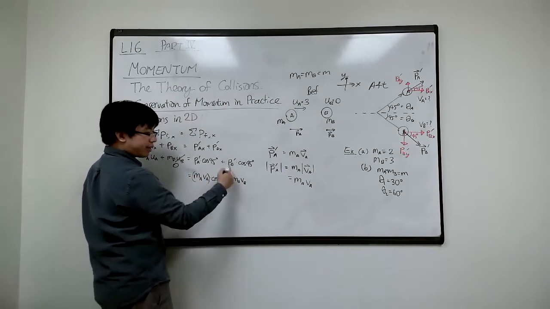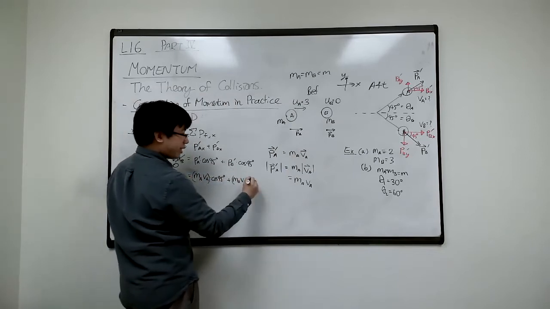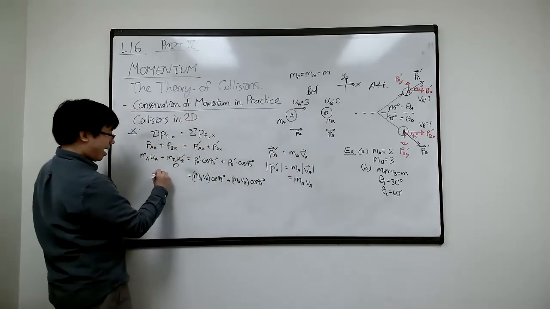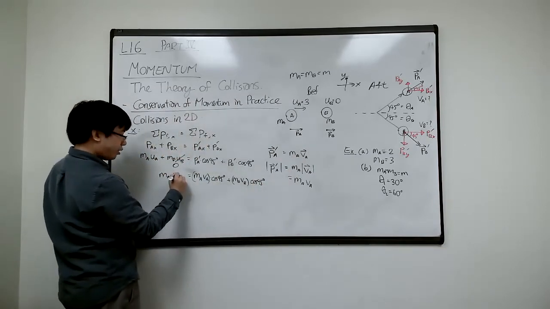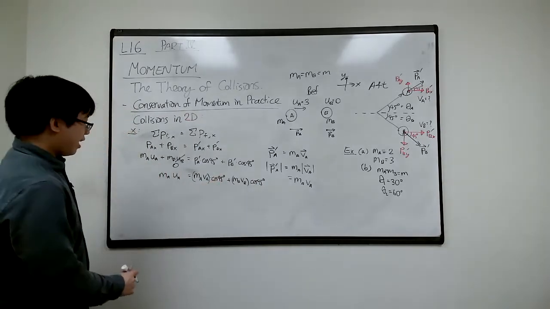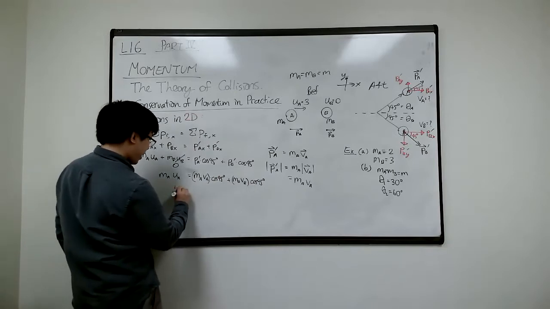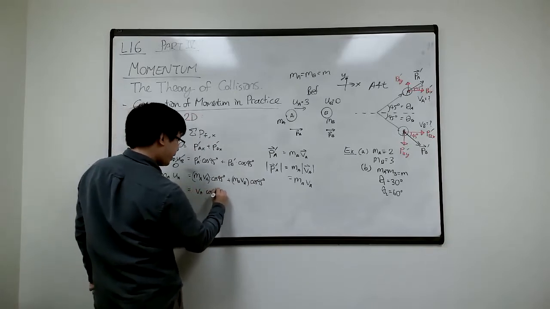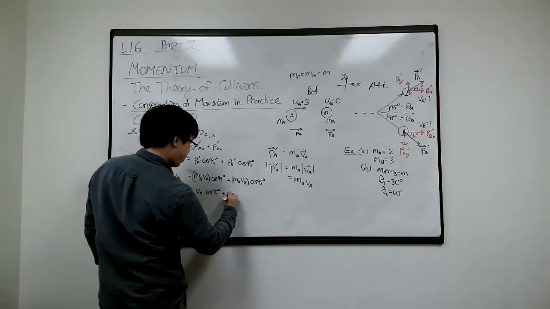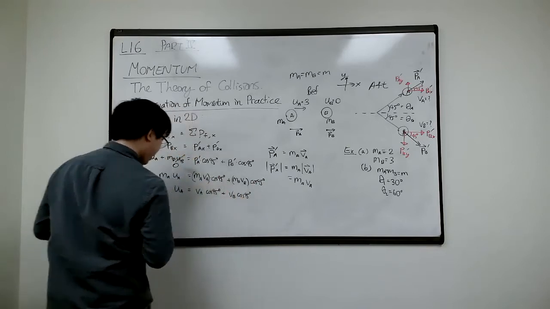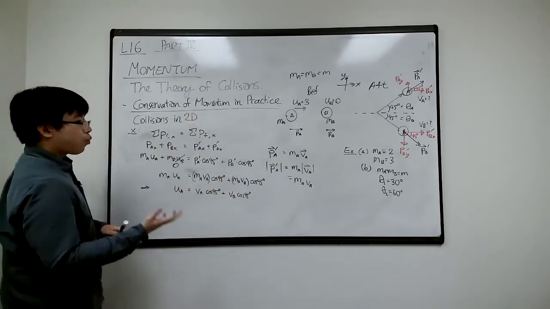That's the magnitude of this, times cosine 45 degrees. And on the left, I have MA UA. Now, if my masses are the same, they also cancel. So let's write that as well: UA equals VA cosine 45 degrees plus VB cosine 45 degrees. Now let's look at the y components.